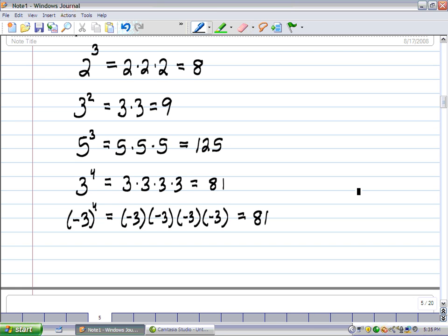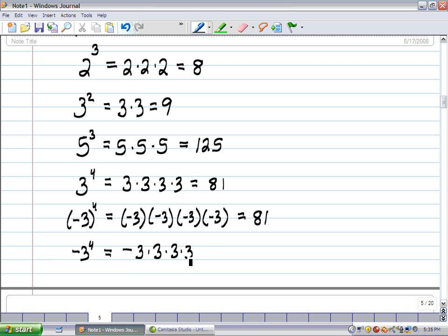Now, if I wanted that negative 3 to be repeated 4 times, it's required to use the parentheses. If I don't use the parentheses, what is that 4 on top of? It's on top of the 3. It's not on top of the negative. It's just on top of the 3, so only the 3 is going to get repeated. The 3 is going to get repeated 4 times, but there's still only one negative sitting out in the front.